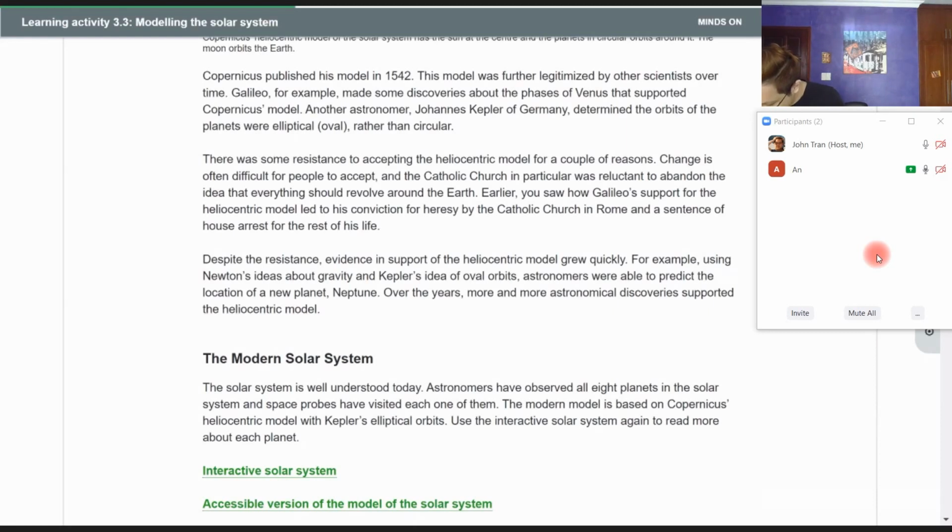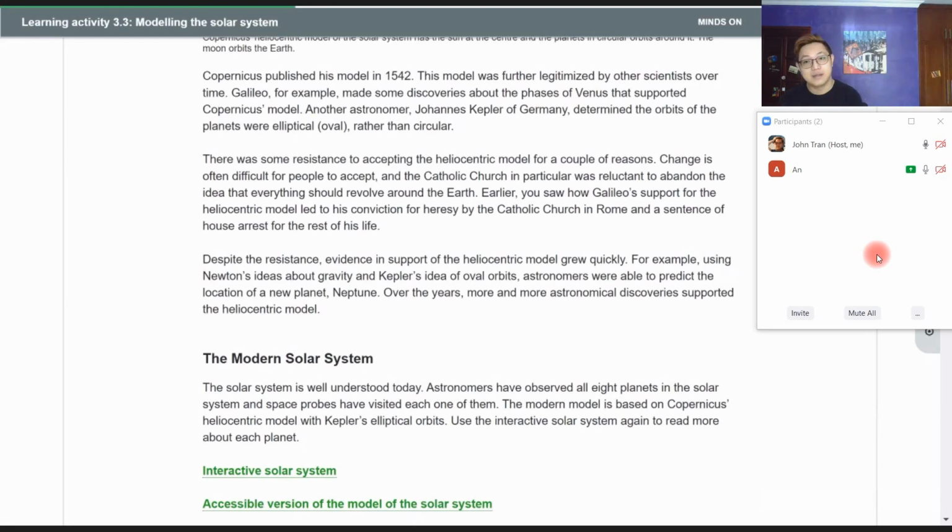Despite the resistance, evidence in support of the heliocentric model grew quickly. For example, using Newton's ideas about gravity and Kepler's ideas of oval orbits, astronomers were able to predict the location of a new planet, Neptune. Over the years, more astronomical discoveries supported this heliocentric model.